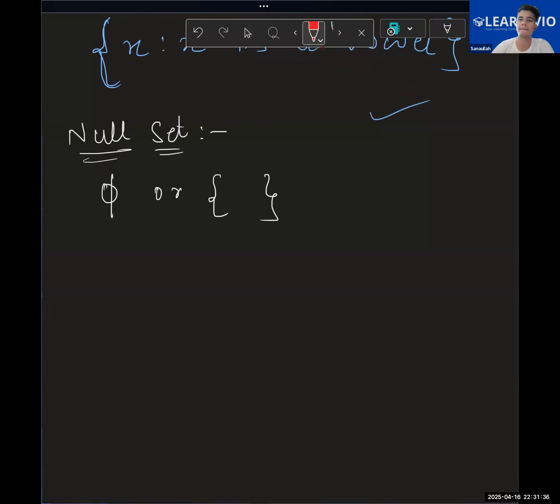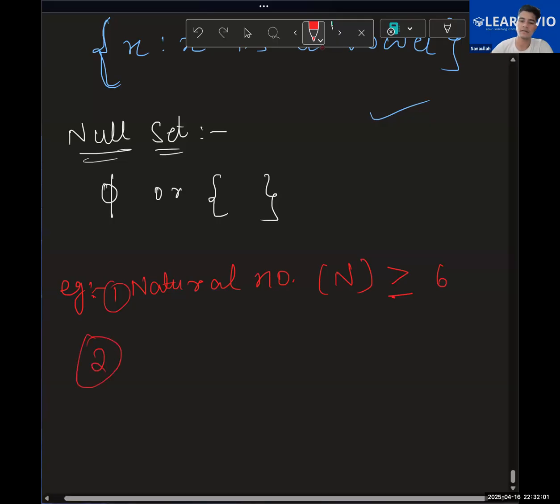The first one is the natural numbers greater than or equal to 6, where N is the representation of natural numbers. And this is the second one.